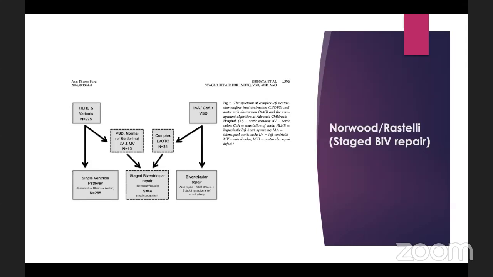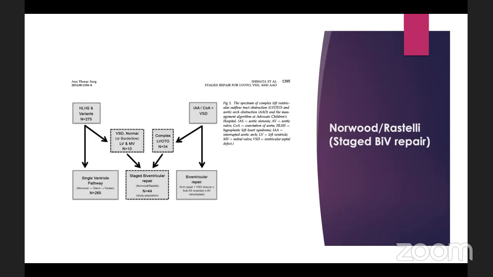So they undergo a Norwood operation as neonates, but then upon follow-up, they're believed to be suitable for conversion to biventricular circulation. It's called the staged Norwood-Rastelli approach. A one-stage operation for this kind of pathology in more clear-cut cases is called a Yasui operation.